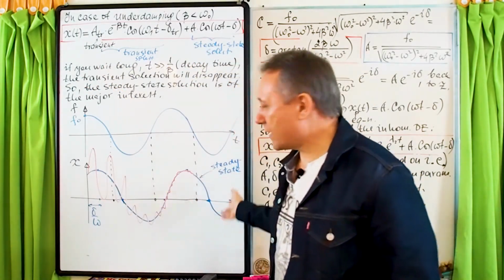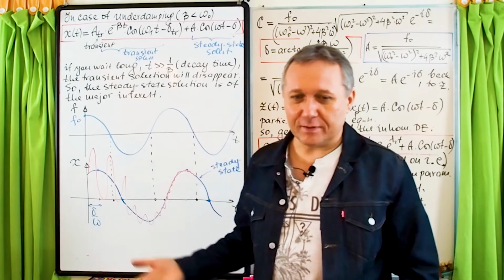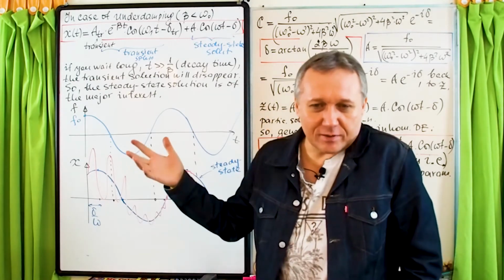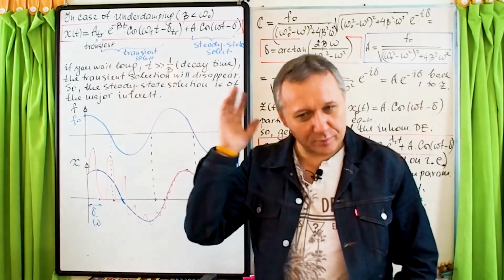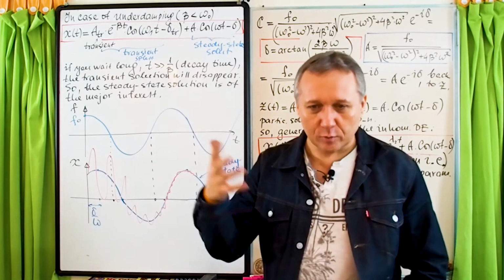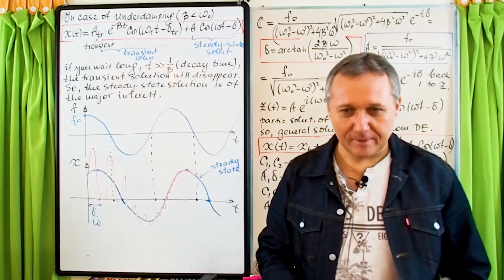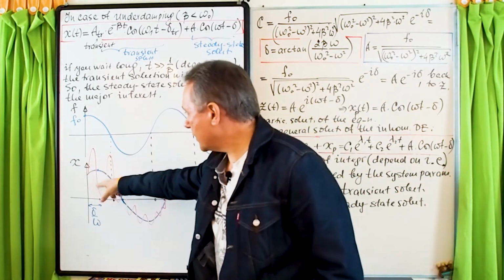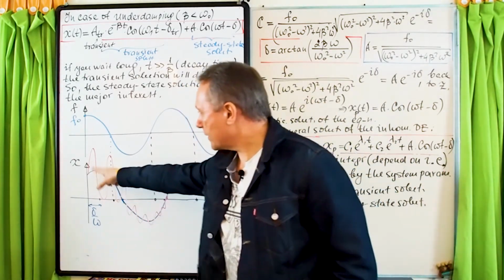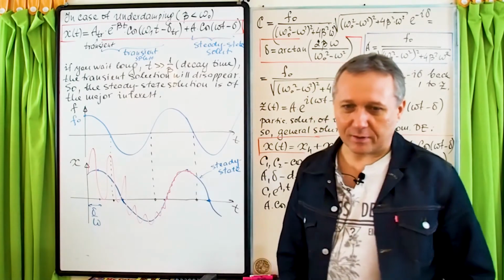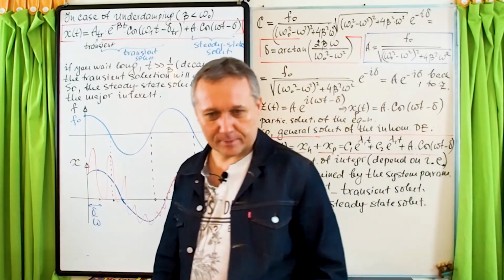After maybe a few cycles, all your efforts in setting up initial conditions will just disappear. The system will not ignore it, but sooner or later it will forget about them completely. So all your efforts are over here in these ripples around the steady state solution.